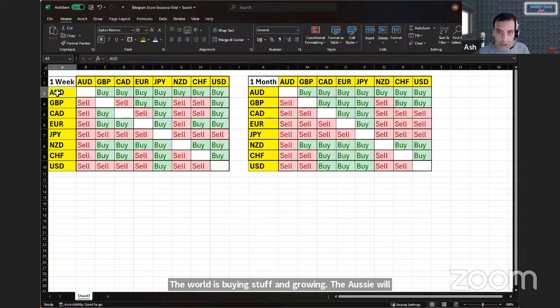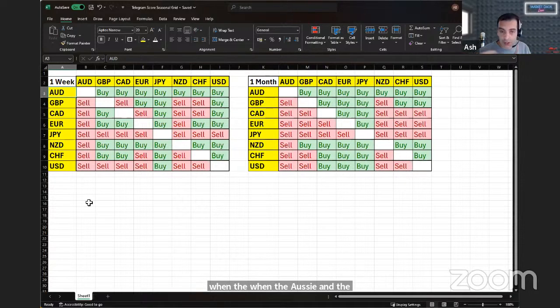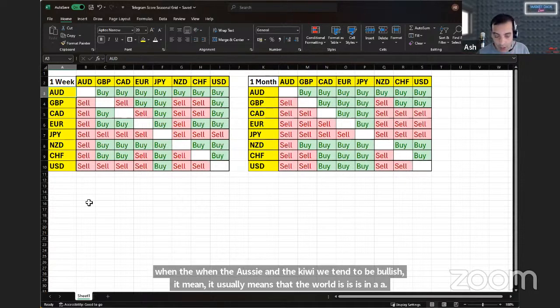People buy commodities and things that Australia mines and sells to the market. It's the same with the CAD really, and the same with the Kiwi. So when the Aussie and the Kiwi tend to be bullish, it usually means that the world is in a relatively bullish mode. So it's usually quite good for equities as well.